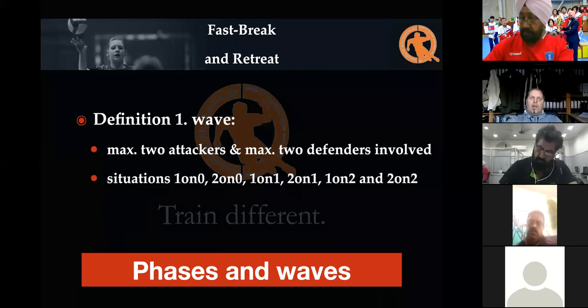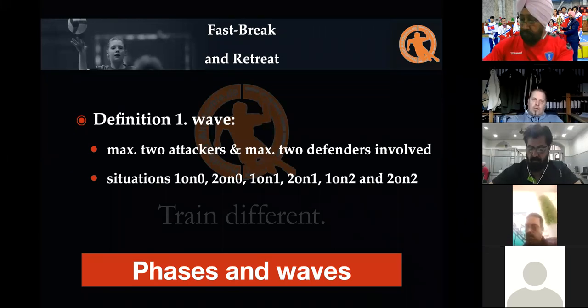Then the situations that appear range from 1 against 0, the ball possessor only against a goalkeeper, no defender, up to finally 2 against 2. This is the maximum that results from 2 attackers and 2 defenders involved. So the most simple situation and the complex situation 2 on 2.